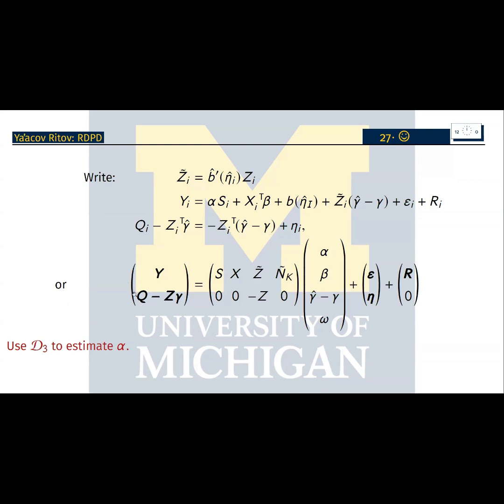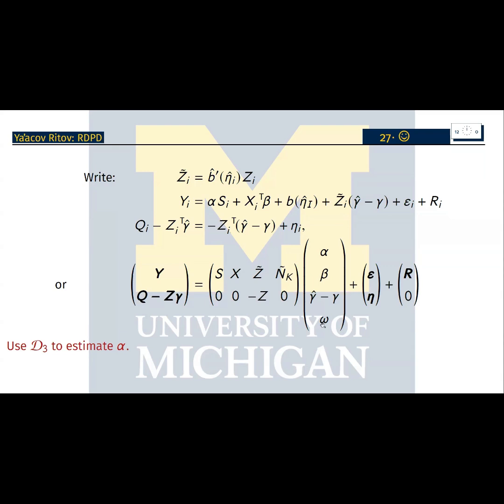write a big regression function that includes the y's and q as one equation. I have here the basis. The z is modified slightly.